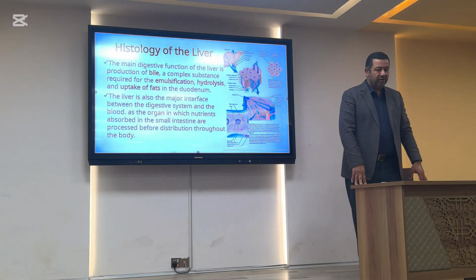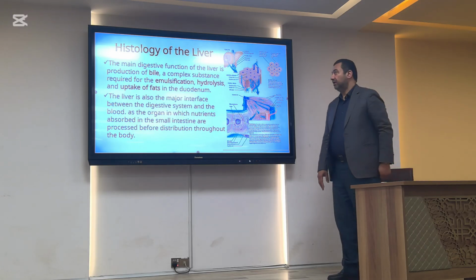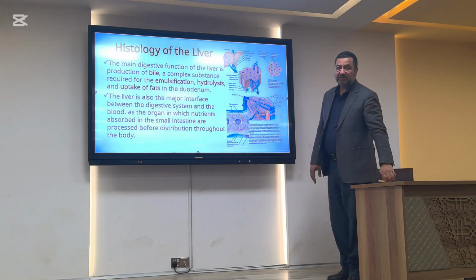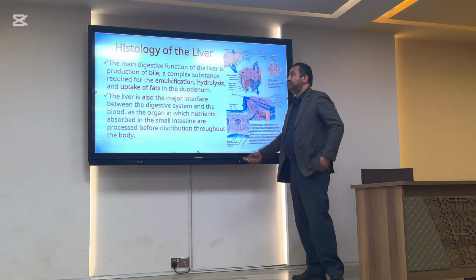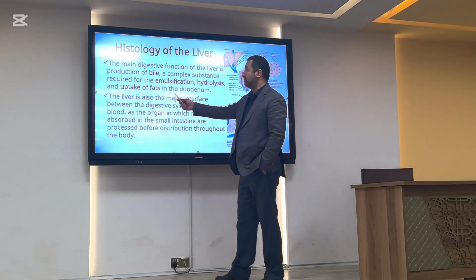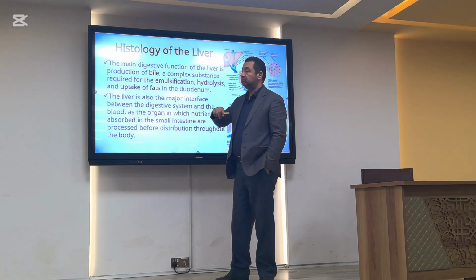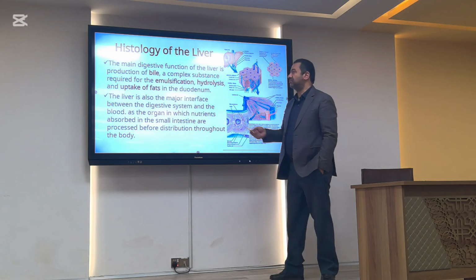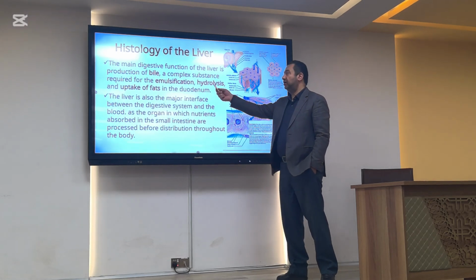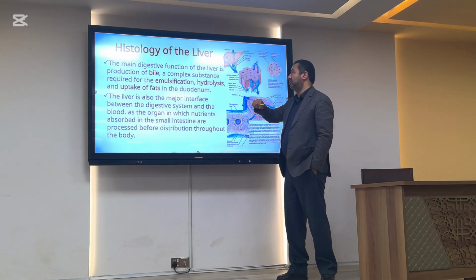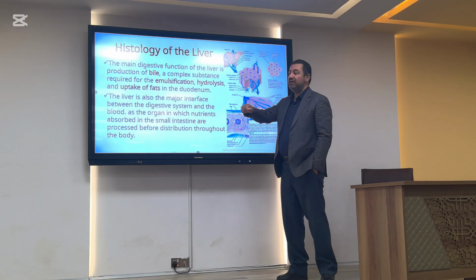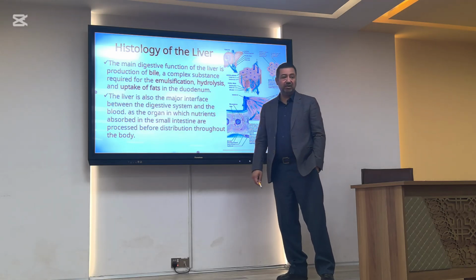From histological point of view, the main digestive function of the liver is production and secretion of the bile, the complex substance required for the emulsification, hydrolysis, and uptake of fats in the duodenum.